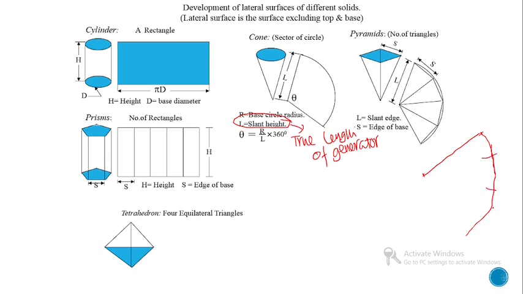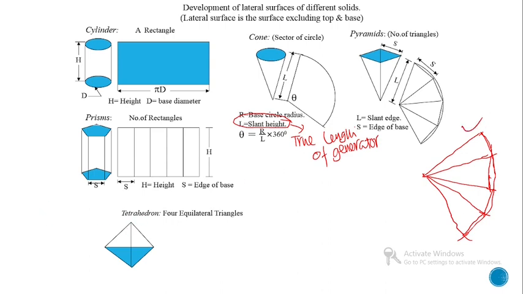We can repeat that n times, where n is the number of sides of the base polygon. Then we can connect those points by straight lines. Then we can complete the development of the lateral surface. If it is a four-sided polygon, then we must repeat that procedure 4 times. That is the final answer.